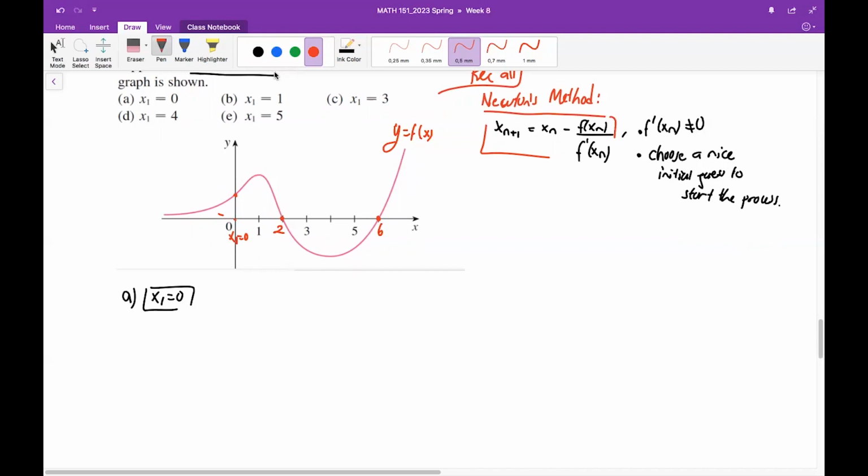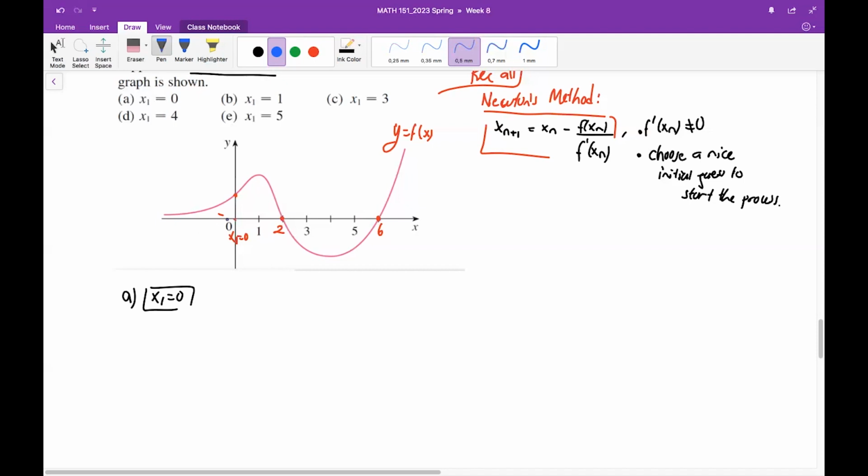You start drawing tangent lines step after step, and you check whether the x-intercepts of those tangent lines are approaching the actual root or not. If those x-intercepts are approaching one of the actual roots, then this means that Newton's method is working.